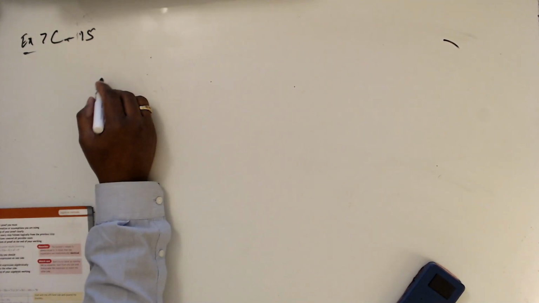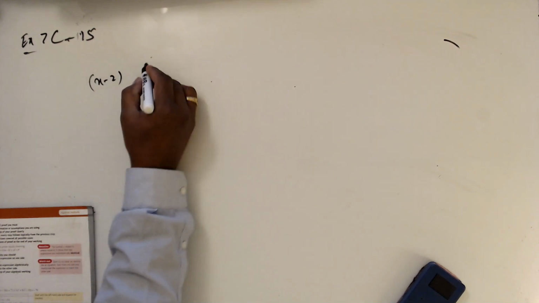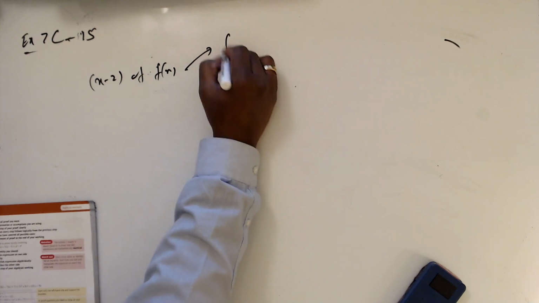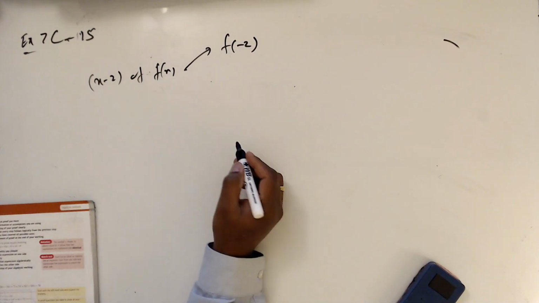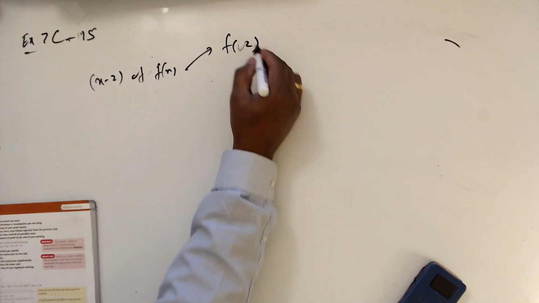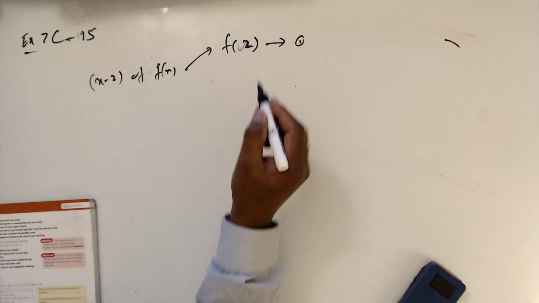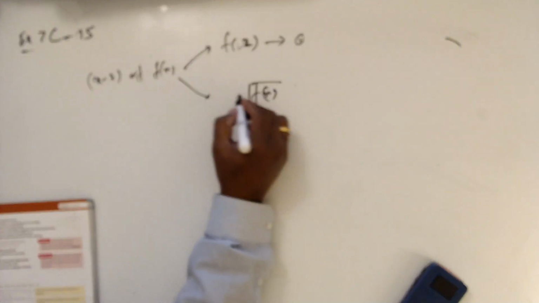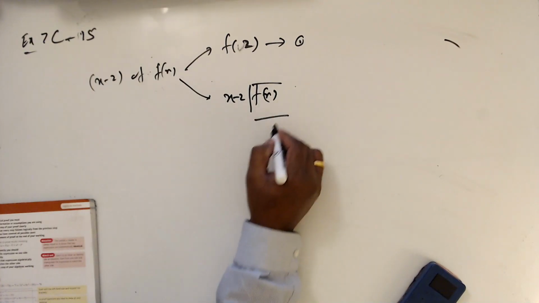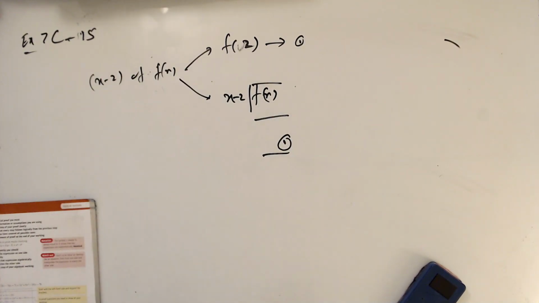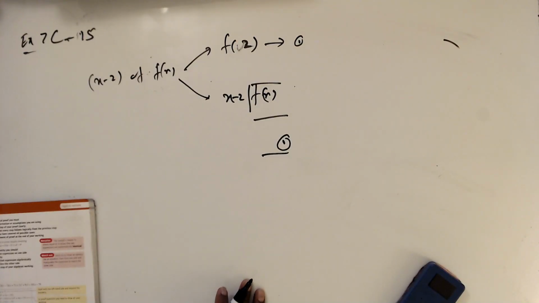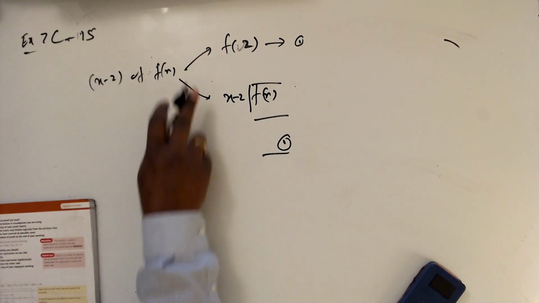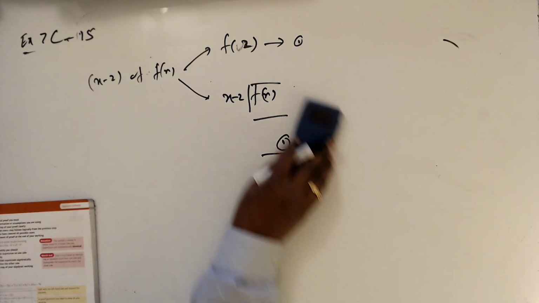We can show that x − 2 is a factor of f(x) by substituting f(2) and making it equal to 0, or by dividing f(x), and if the remainder is 0, it is the same. So I'm going to use this route because otherwise it's a double task. So straight away I'll start dividing.